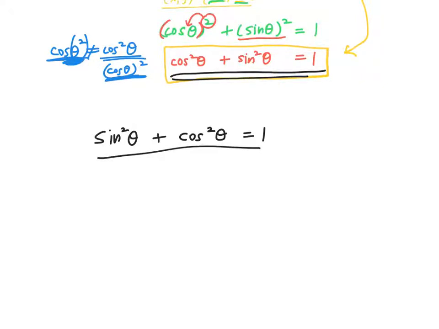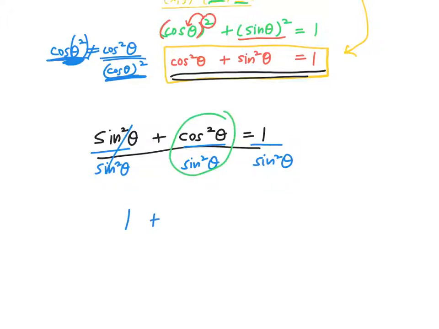Now let's say we wanted to divide every term by sine squared theta. What happens if I divide everything by sine squared theta? Sine squared theta over sine squared theta is just 1. Now what would cosine squared theta over sine squared theta be? Recall that cosine theta over sine theta is equal to, by the quotient identity, cotangent theta.